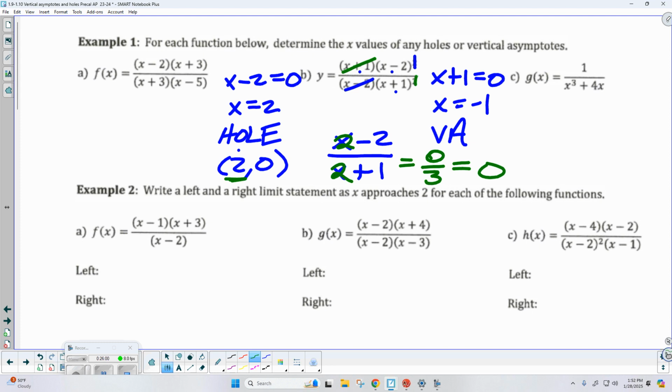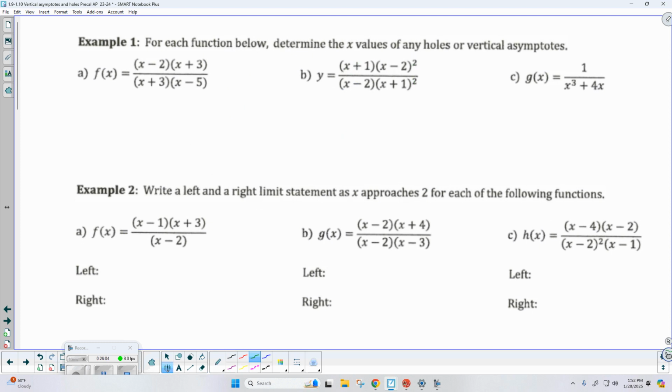Okay, let's try C. Now on C, we've got 1 over x cubed plus 4x. So this one is not factored, so that's what we're going to do first. So 1 over, how would I factor that? Okay, x is a GCF.